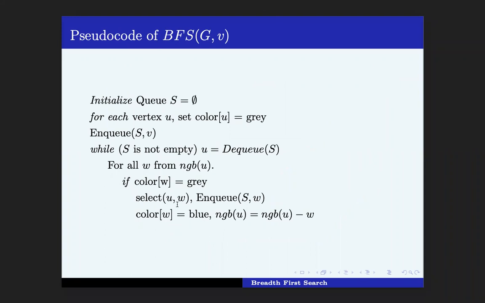Aniket, go ahead. If the color of W is blue in this clause, then don't we want to remove it? Oh, then also we have to remove it. But then what was the purpose of removing this edge if it was blue? If it is blue, I still don't want to revisit it again, right?